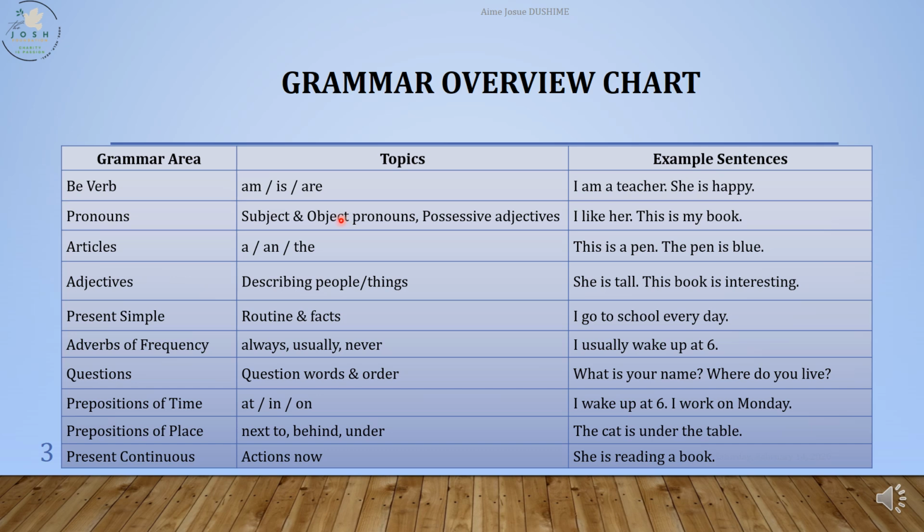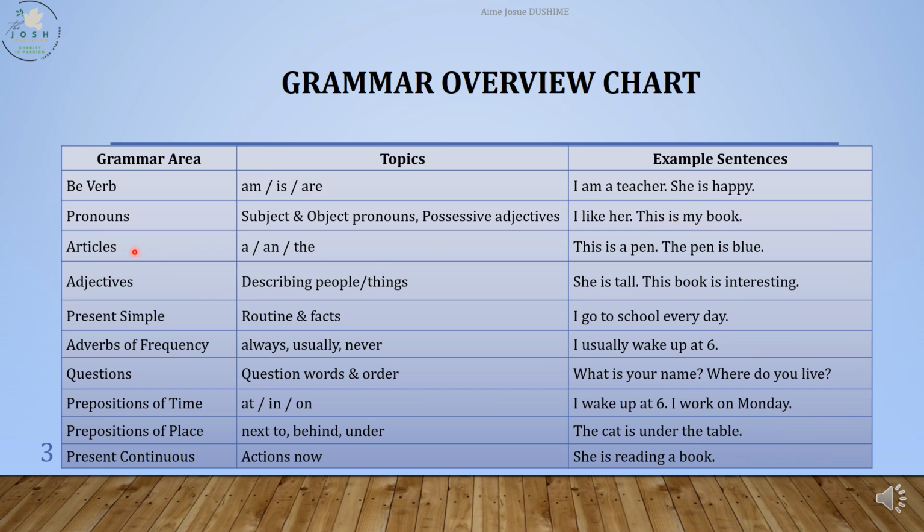For the object pronoun, we have me, you, him, her, it, us, them. And for the possessive adjective, we have my, his, her, our, its, their. I like her, this is my book, like that.